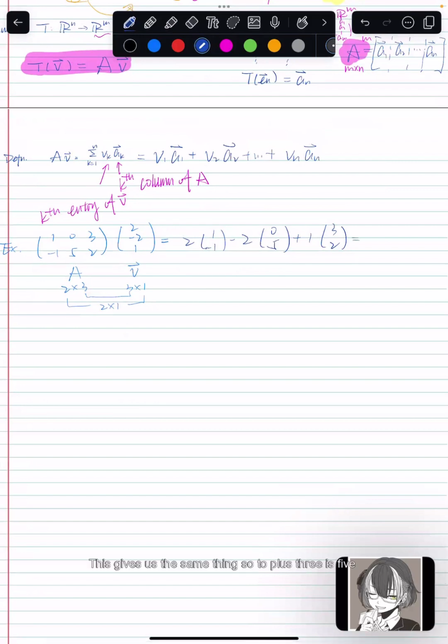This gives us the same thing. So 2 plus 3 is 5. And next, subtract 4 plus 0 is negative 4.